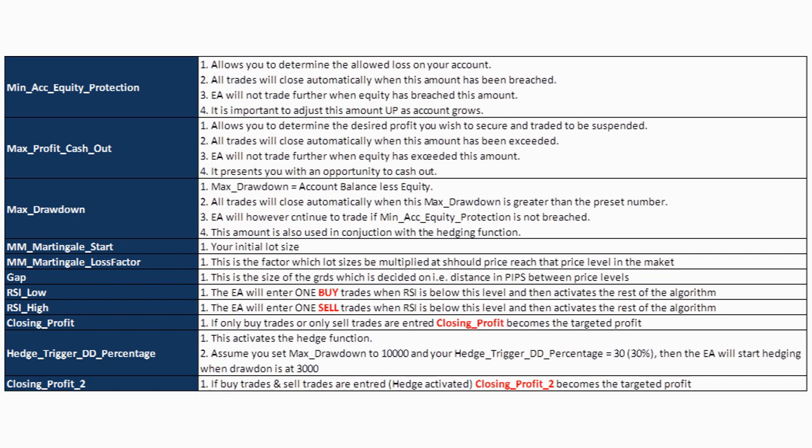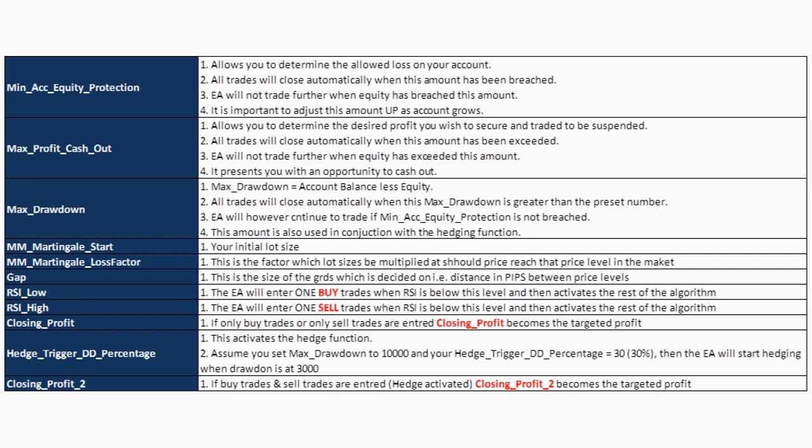Now, let's dive into this minimum account equity. The first thing that you need to know is that you want to protect your balance, right? And when I say you want to protect your account balance, the important balance that we're looking at is the equity balance. And let's say you are trading a $10,000 account, you can set this account equity to, let's say, $9,000, which means you are willing to lose $1,000 on your account.